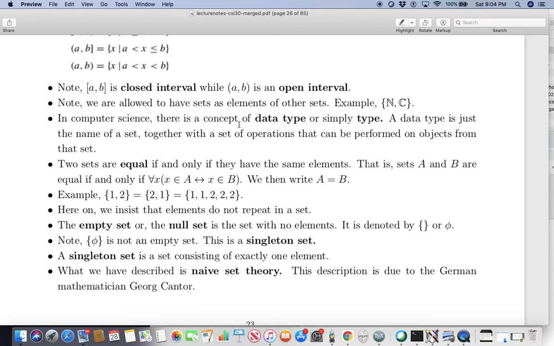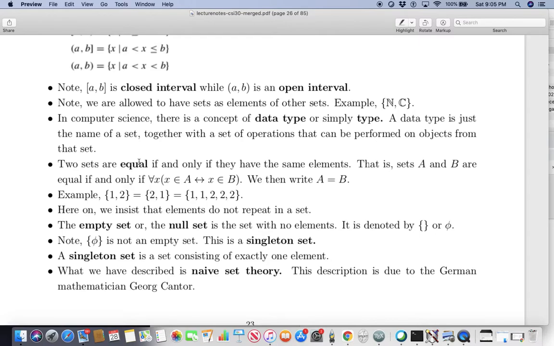In computer science, there is a concept of data type or simply type. A data type is just the name of a set together with a set of operations that can be performed on objects from that set. So for example, you could think of the data type of integers. You could also think of the data type of strings. Operations on strings are different from operations on integers and so on.